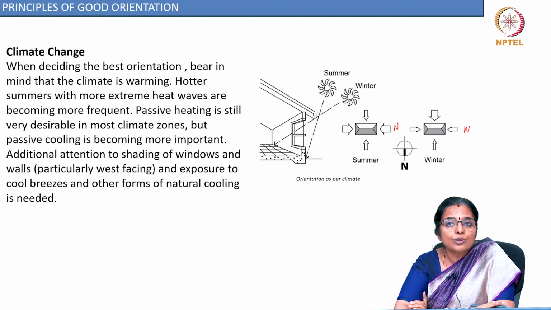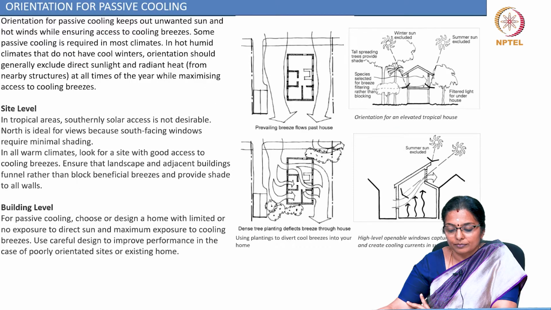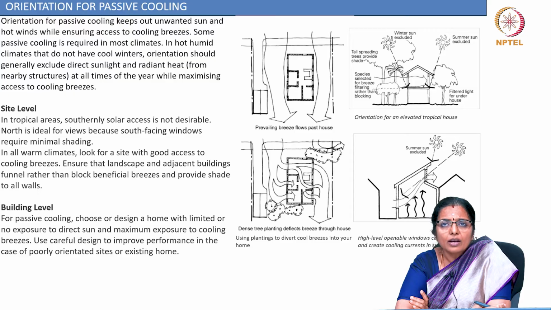Additional attention to shading of windows and walls, particularly west facing, and exposure to cool breezes and other forms of natural cooling is needed. Now, look at this. Orientation for passive cooling keeps out unwanted sun and hot winds while ensuring access to cooling breezes.